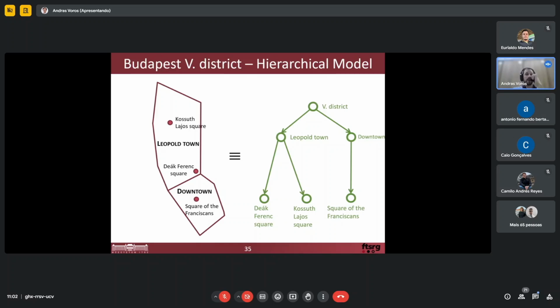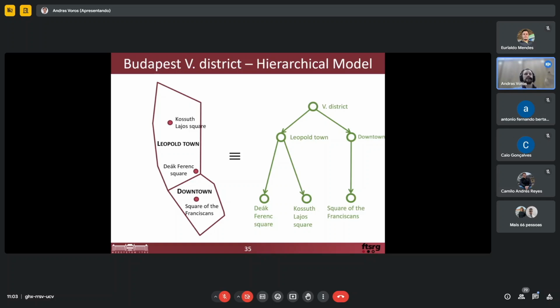So, for example, we have Leopold Town in the 5th district, and the downtown. And in Leopold Town, I have Deák Ferenc Square, Kossuth Lajos Square. Actually, they are famous. They are named after famous historical people from Hungary. And the Square of the Franciscans, that is in the downtown.